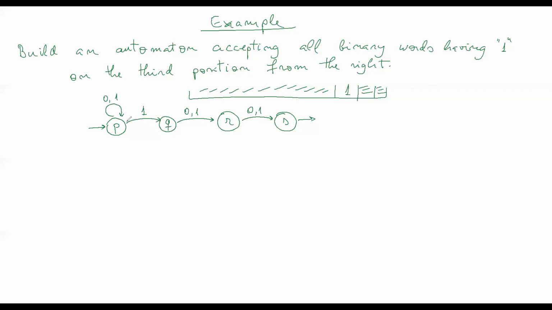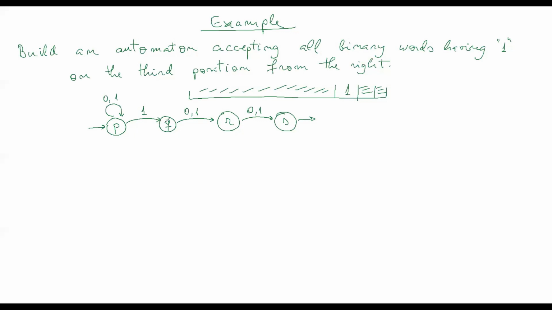But also you have a transition with 1 saying, well, I believe that the position I'm reading now is the third from the right. And so you have two possibilities in state P when reading 1. One possibility is you stay in state P, and the other possibility is you change it to Q. And you don't really know which one should be taken, so you would have to check all different possibilities.